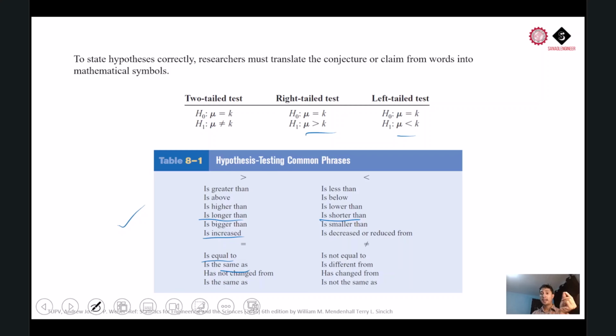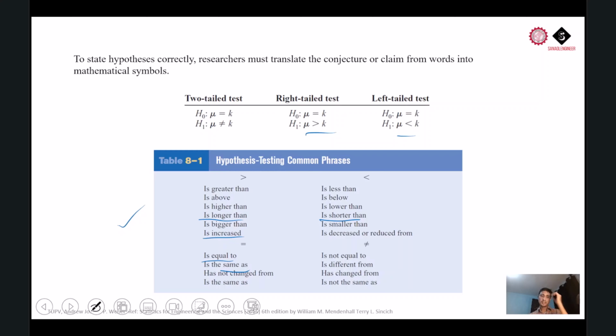Also, when a researcher conducts a study, he or she is generally looking for evidence to support a claim. Therefore, the claim should be stated as an alternative hypothesis, meaning you are trying to support the claim against the established claim, that is the null hypothesis.